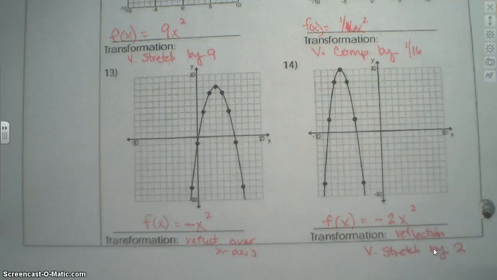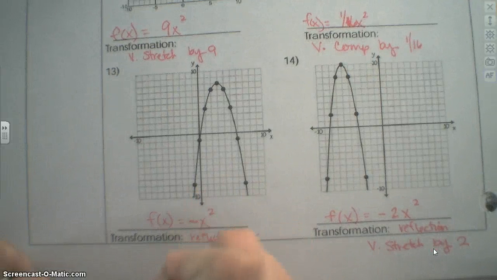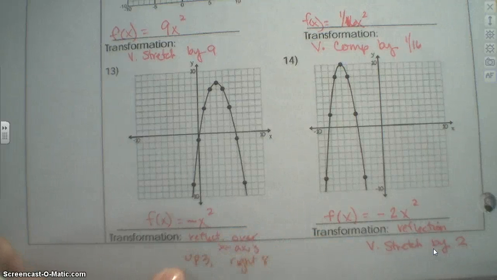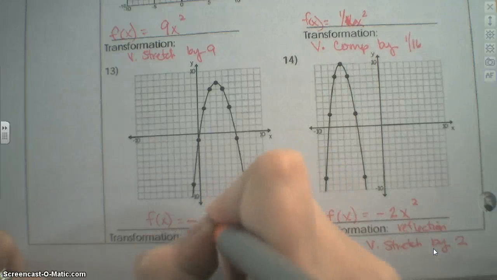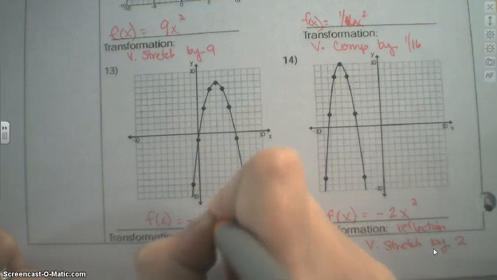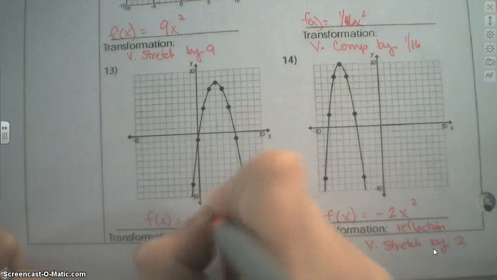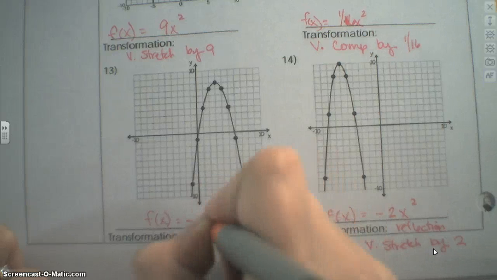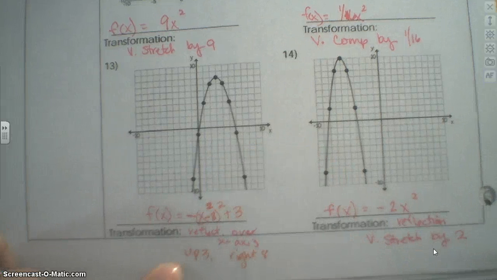So up 3 and right 8 should be added here. Oop. Up 3, right 8. And so we need to have this in there of up 3 and right 8. So stick that in there. That's what happens when you get to going too quick. So it should be a -8 in there.